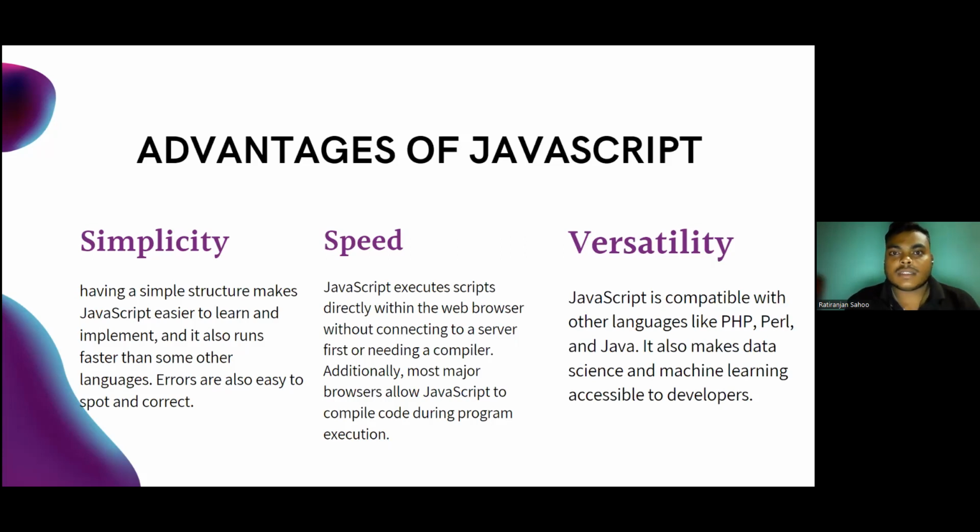As the syntax is simple and easy, the speed automatically increases, which means the developer needs less time to develop their web application or mobile application through JavaScript. The next advantage is versatility. This means JavaScript is compatible with other languages too, such as PHP and Java. So this is the advantage of JavaScript.